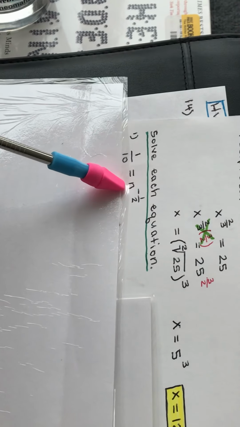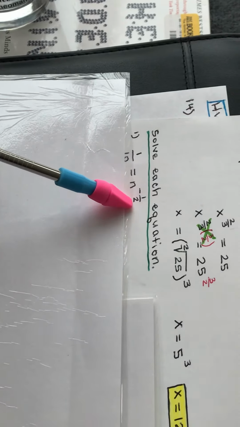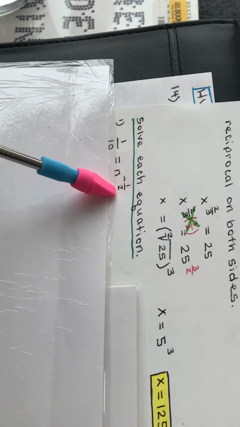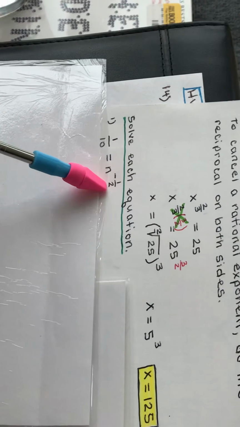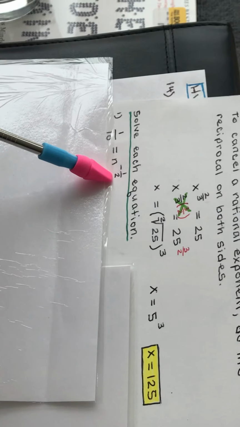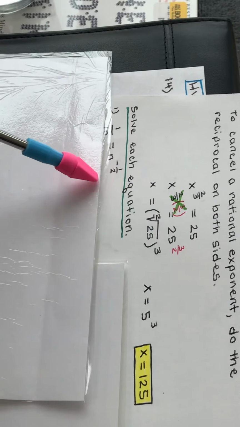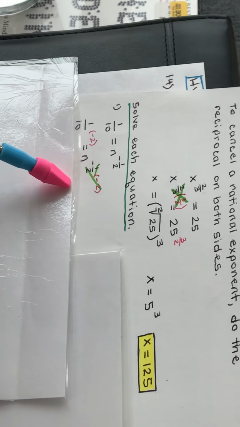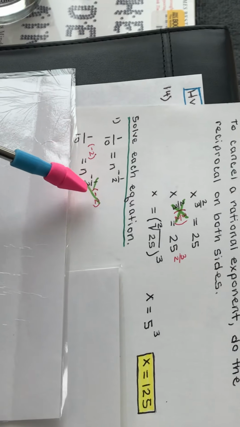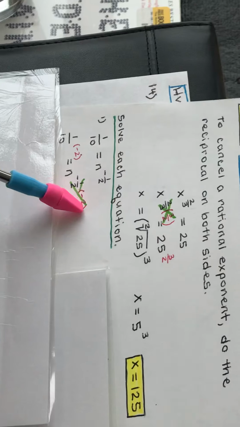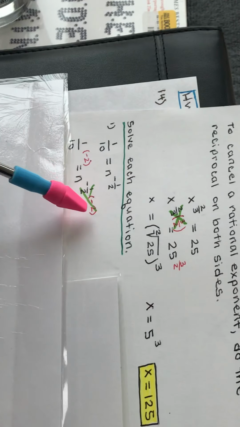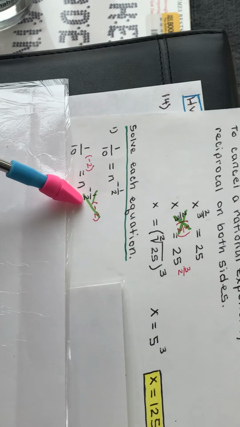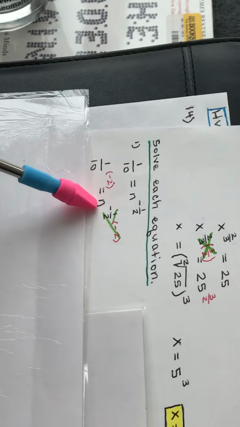Remember, we want to get n all by itself, so I need to get rid of that negative 1/2. The reciprocal of negative 1/2 is negative 2 over 1, or just negative 2. So I'm going to put negative 2 on both sides because that's my reciprocal. You can see that negative 2 cancels with the negative 1/2, so n is isolated.